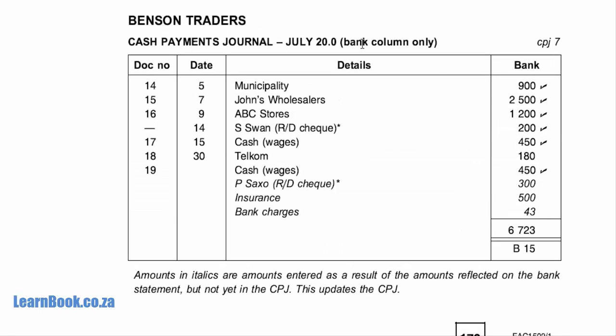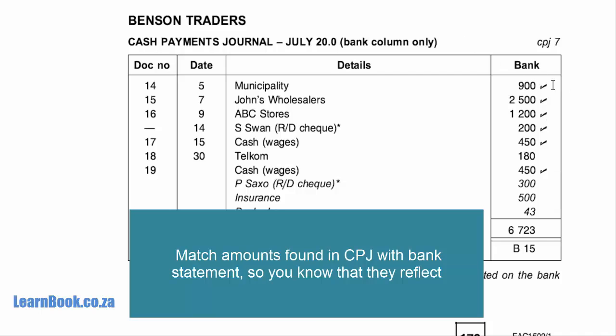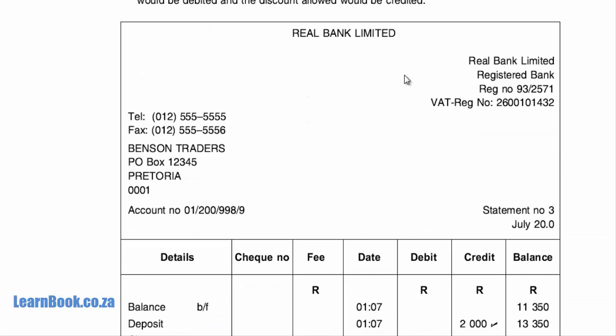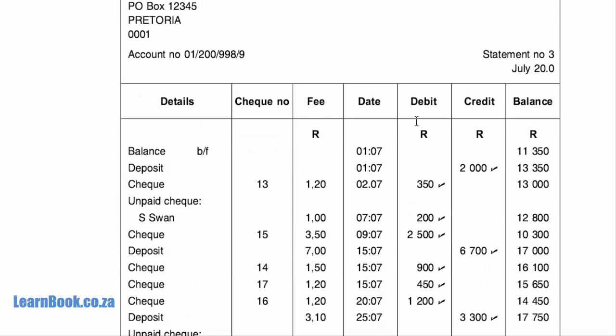We look at July, and this is the bank column only in the CPJ: 900, 2,500, 1,200, 200, 450, and 450 is now reflecting in the debit side of the bank statement for Real Bank.